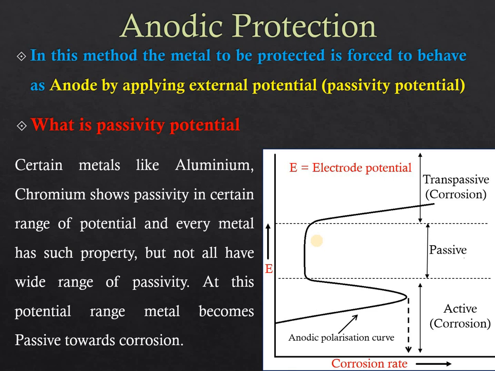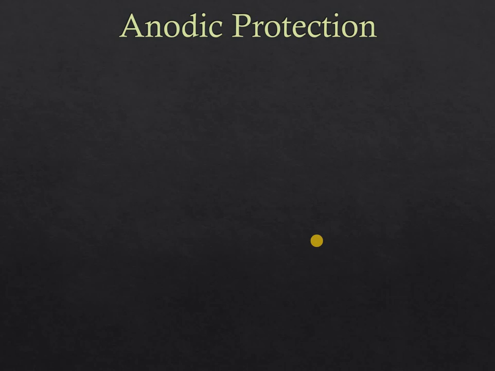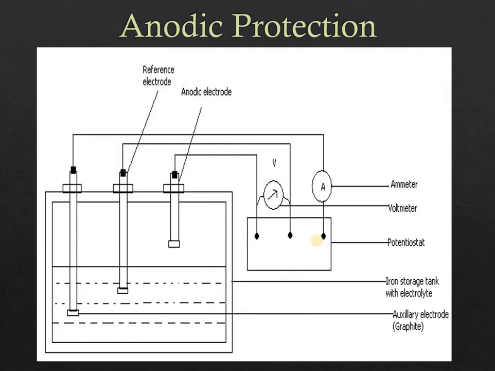So only the metals which have a broad range of passivity potential can be protected from corrosion by the anodic protection method. Now this diagram will explain how anodic protection is carried out. Suppose there is a metallic tank containing a highly corrosive liquid electrolytic solution, and we want to protect this tank from corrosion. This tank can be protected by using anodic protection.